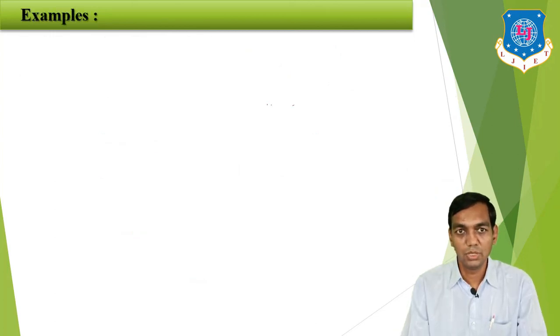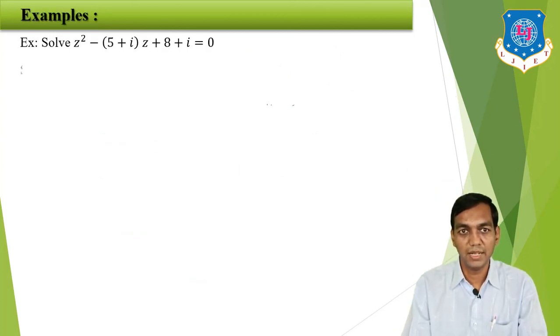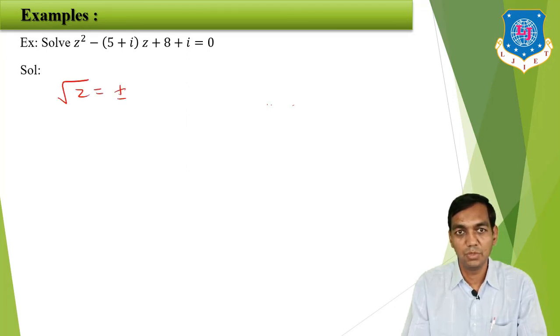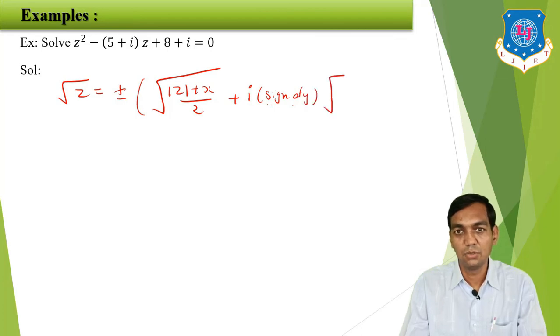or you can use the method to find the square root. The formula to find the square root of any number z is equal to plus or minus under root of (mod z plus x) divided by 2, plus i into sine of y into under root of (mod z minus x) divided by 2.